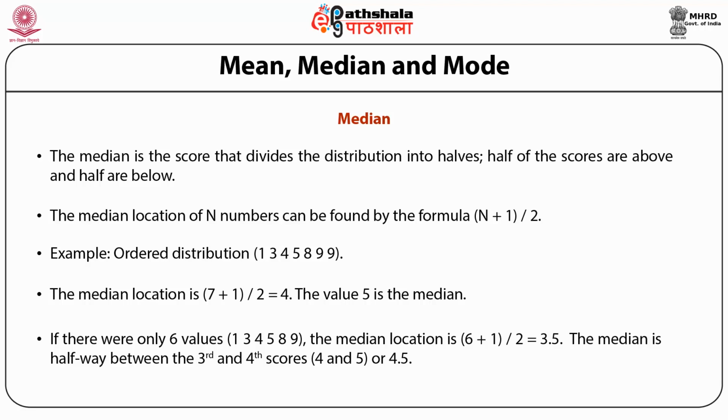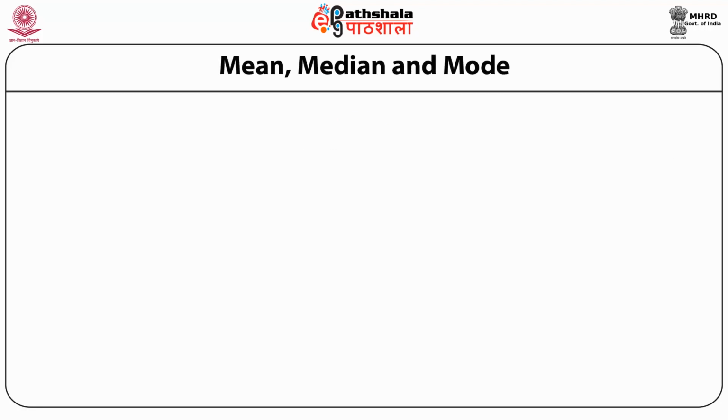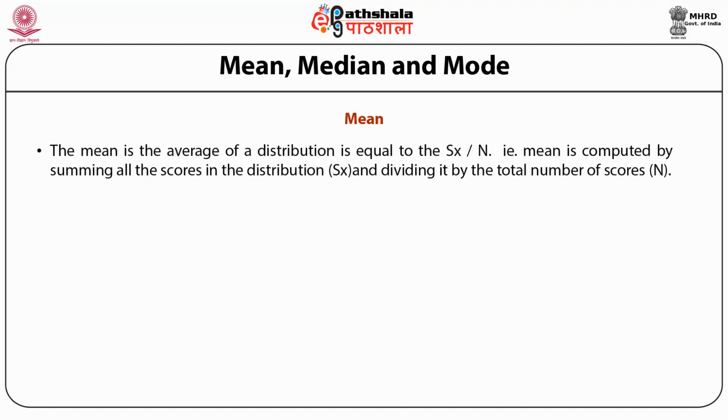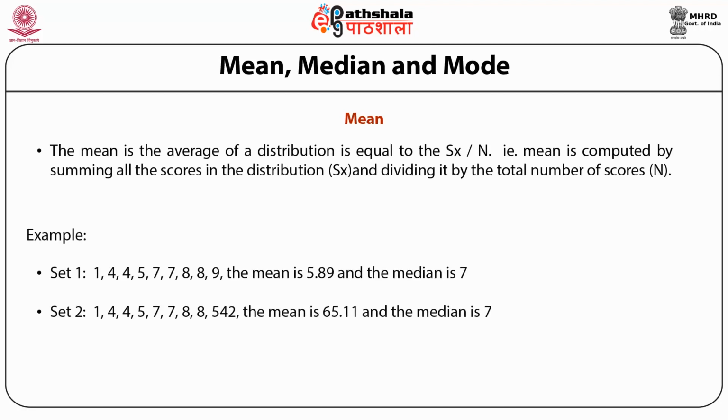Mean is basically the arithmetic mean, where the total of the available variable values is divided by the number of observations you made. That is your arithmetic mean, also called the average of the data.